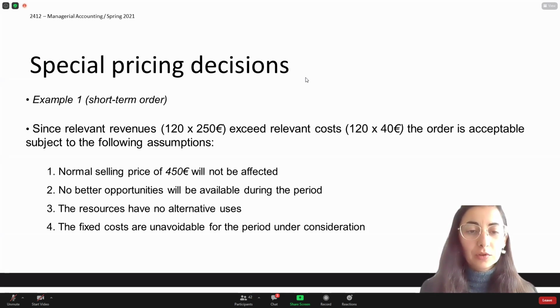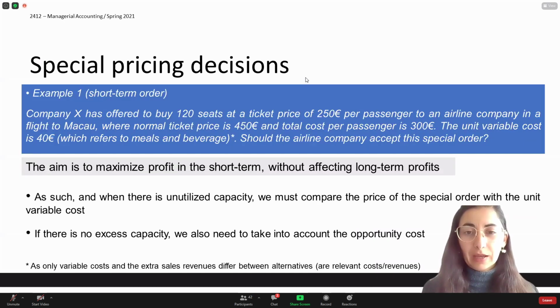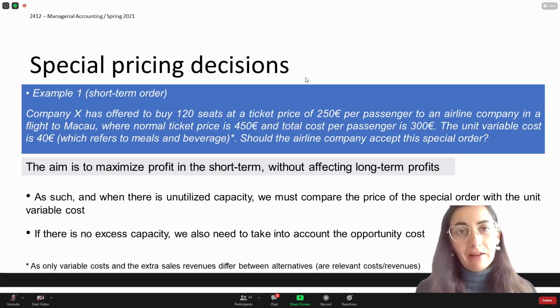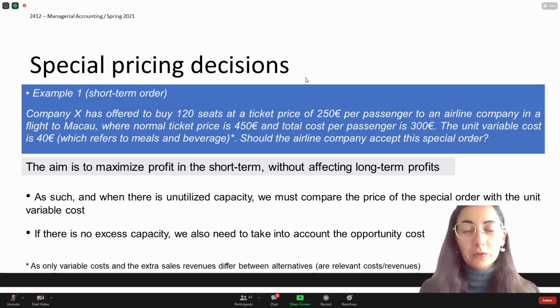No, the 300 here is per passenger. This accounts for the unit variable cost plus the total fixed cost, right? So the 300 will have a component of fixed cost and a component of variable cost. The component of variable cost is 40 euros.